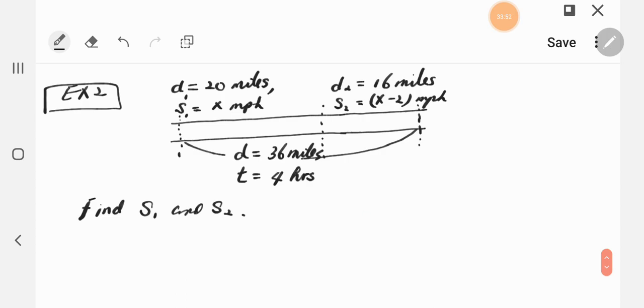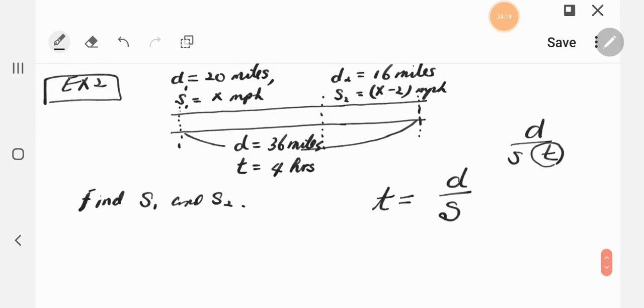The total time is 4 hours. Remember, the equation for the time is, remember DST, time is distance over the speed.